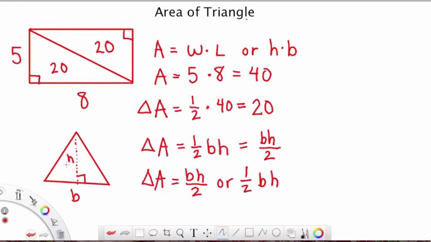Let's say, for example, the height looks like it could be approximately 4, and the base could be equal to 6. Let's plug our numbers in.